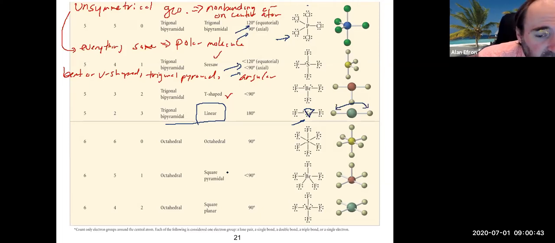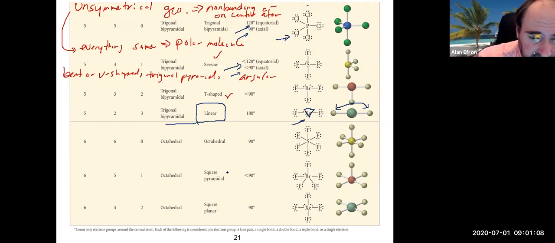So the linear that is part of the expanded octet linear, not the regular linear, the 2 and 2, but the 5 and 2 linear, if you have that geometry and everything on the outside is the same, it's going to be a nonpolar molecule. So that's one exception where you can have dots on the central atom that it is most likely going to be nonpolar if everything on the outside is the same.